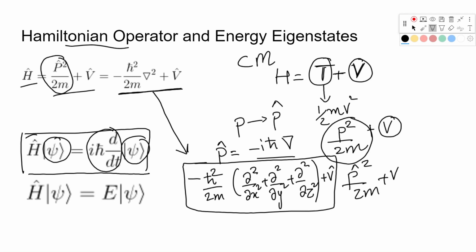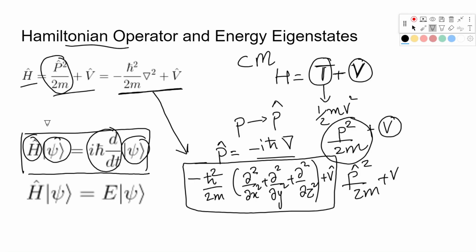So the Hamiltonian is generating the time evolution of the state vector or the state ket. So this is the Schrödinger equation, and solving the Schrödinger equation for various scenarios is what we will study in future lectures.